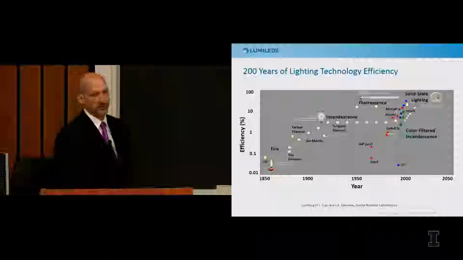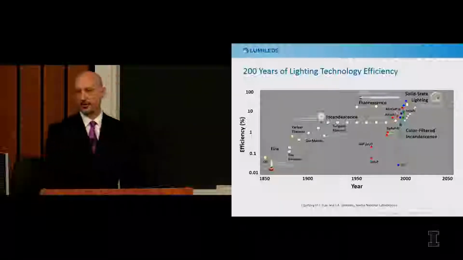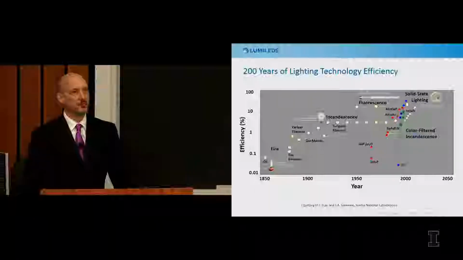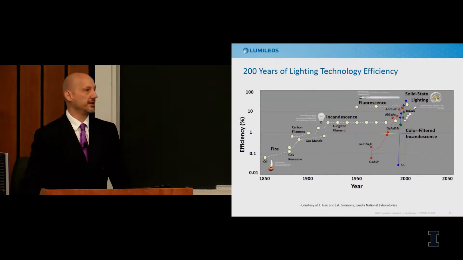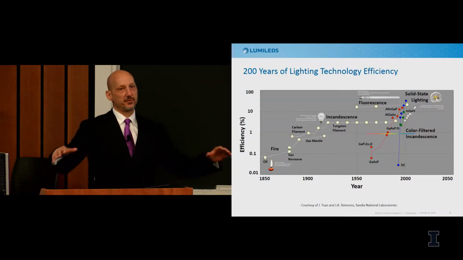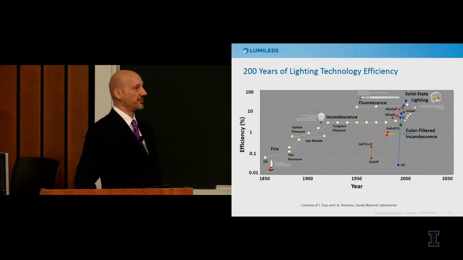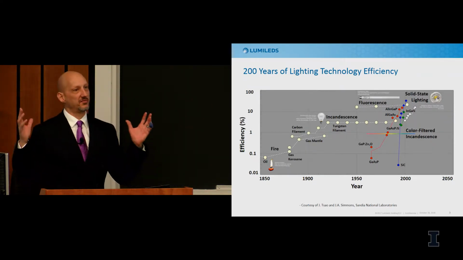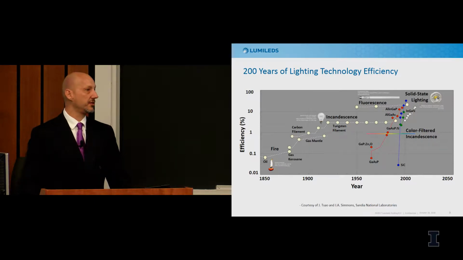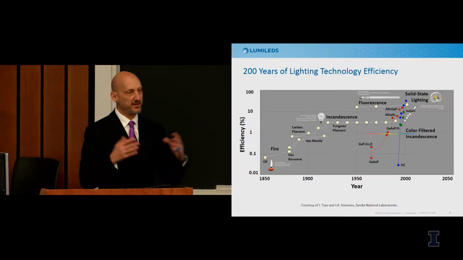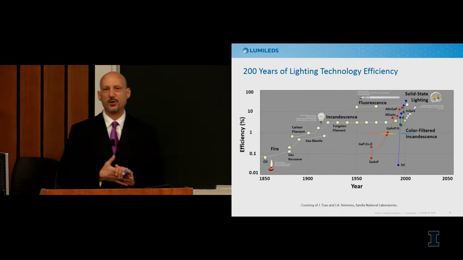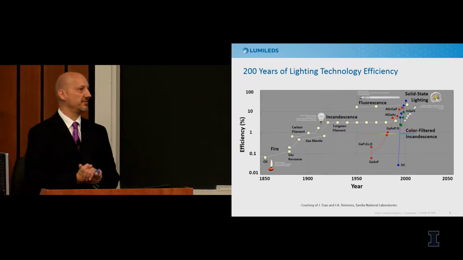So this is a chart that shows some of the history of lighting technology. And one of the things that George points out when he gives this talk is that for the first tens of thousands of years, we used fire as our source of light. And that was very inefficient, something like 0.1% efficient at best.